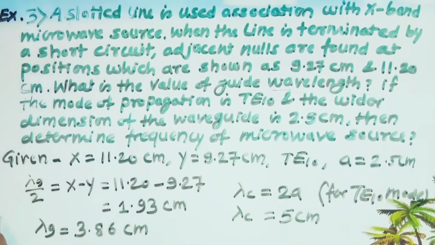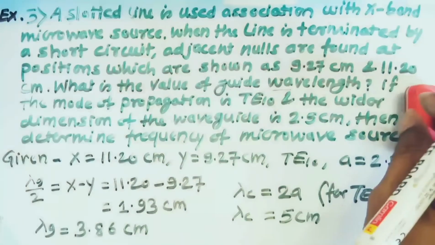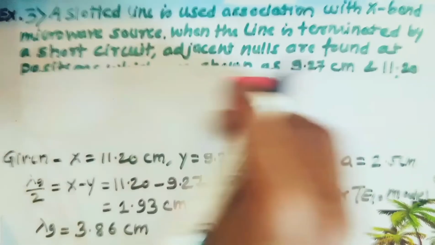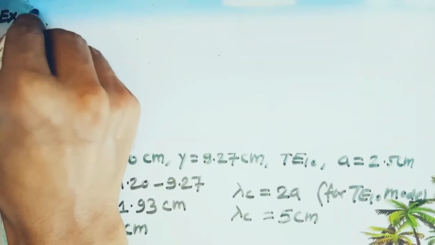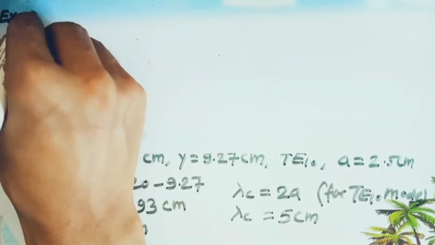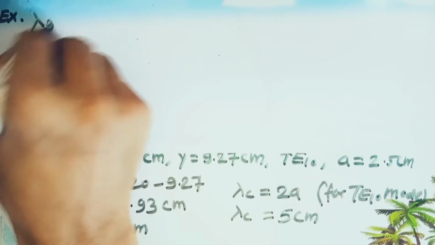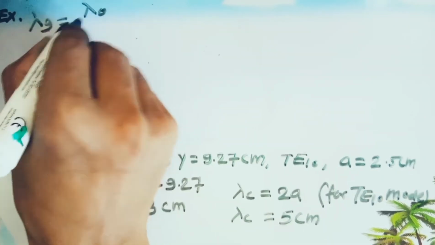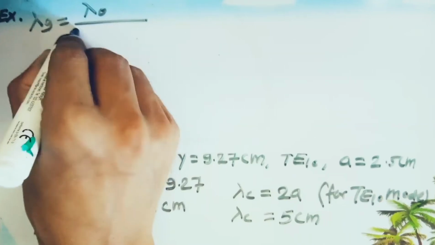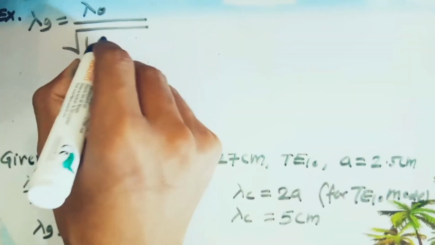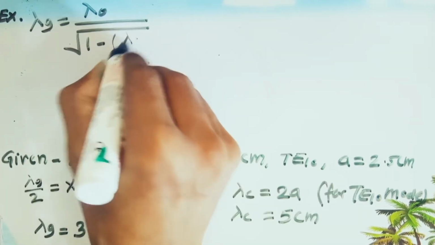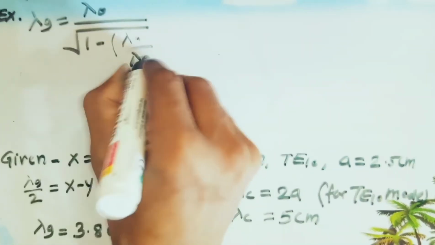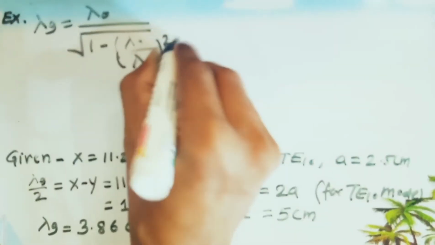Okay, so that is given as lambda g equals lambda 0 divided by under root of 1 minus (lambda 0 divided by lambda c) whole square.